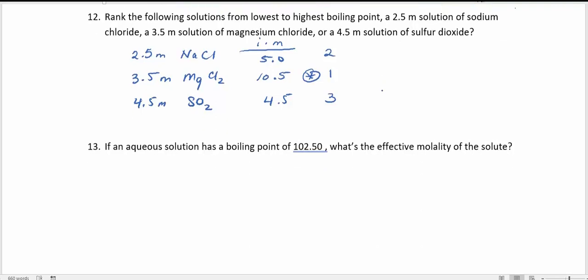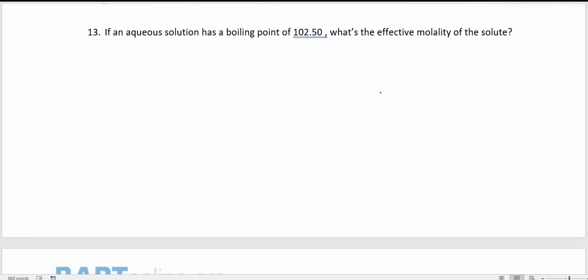Number 13, if an aqueous solution has a boiling point of 102.5, what is the effective molality of the solution? Well, our change in boiling point is 2.50. We're told it's aqueous, so we are working with a water solution. So i times m times Kb.